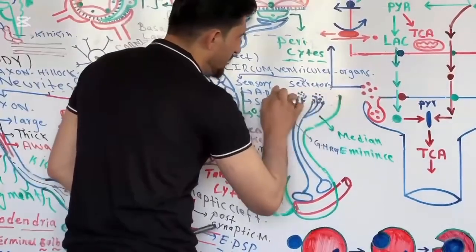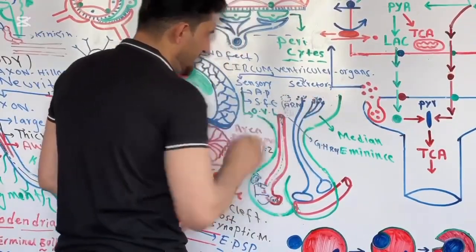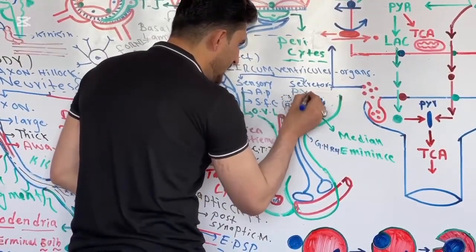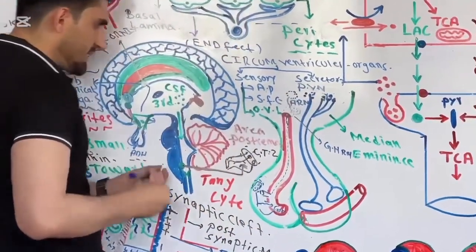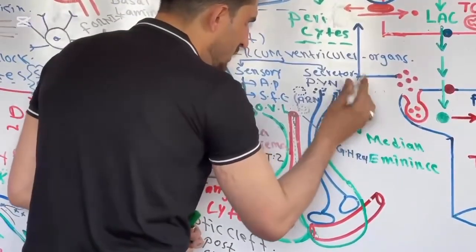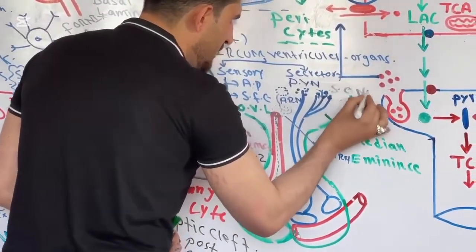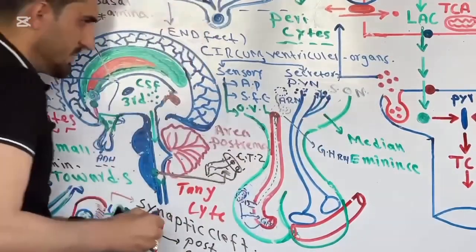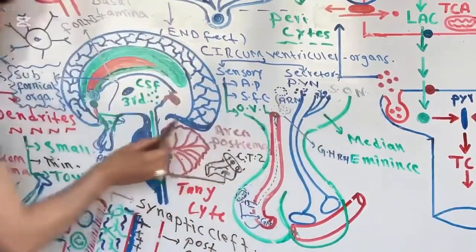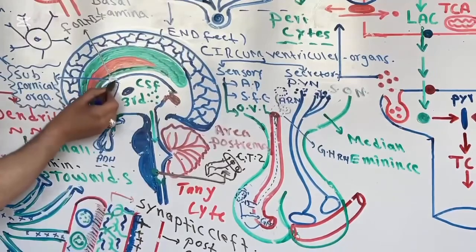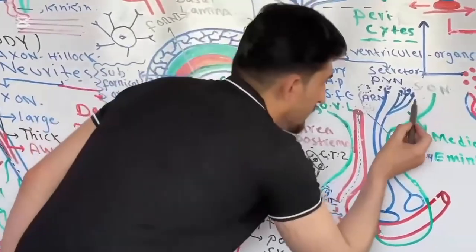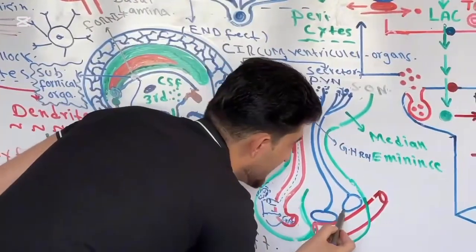Another area is the posterior pituitary gland, which is part of the central nervous system. Here we have two nuclei: one is called the paraventricular nucleus, and another is called the supraoptic nucleus. When the supraoptic nucleus is stimulated by angiotensin 2 or high osmolarity of the blood, it releases ADH.